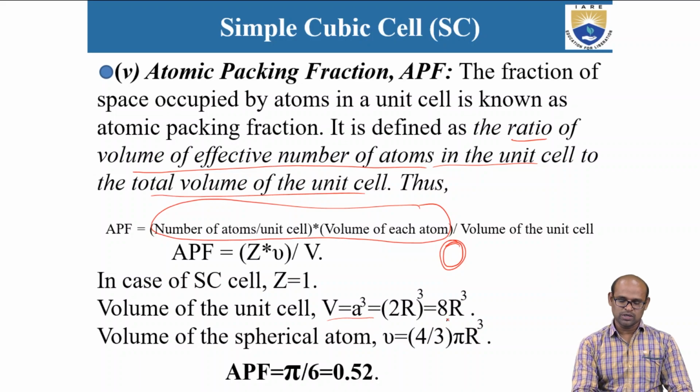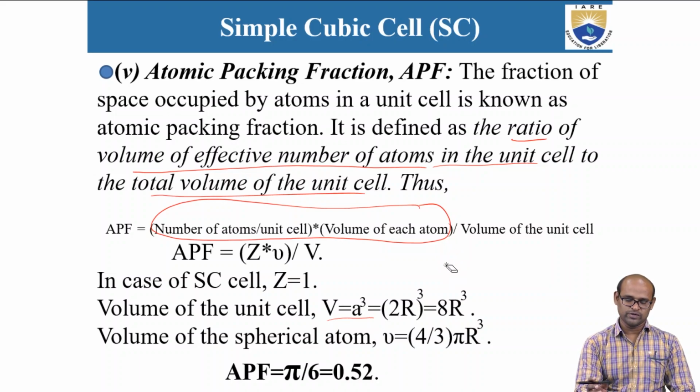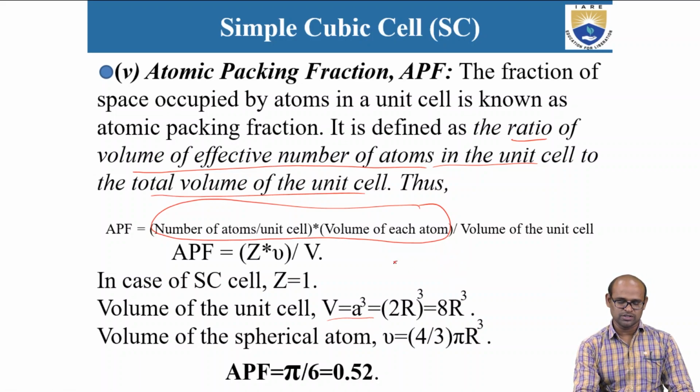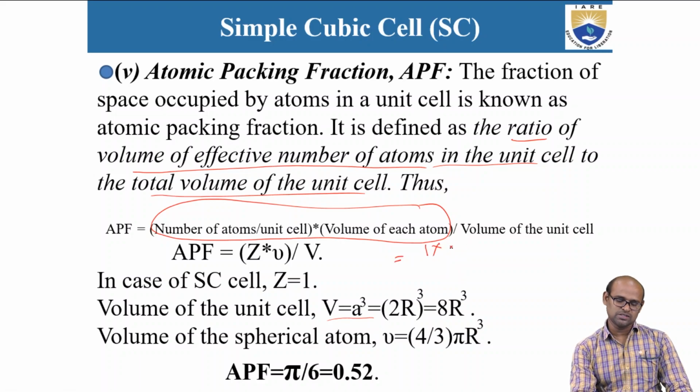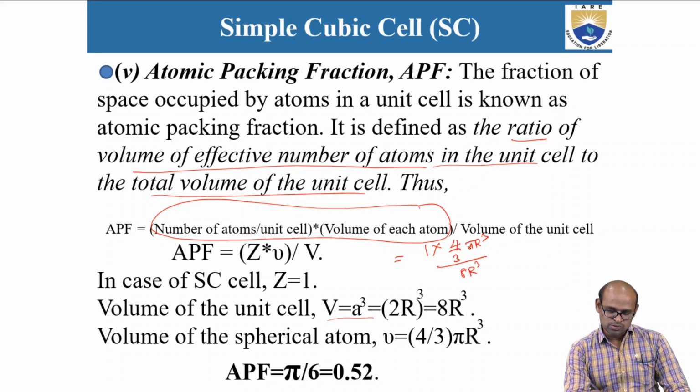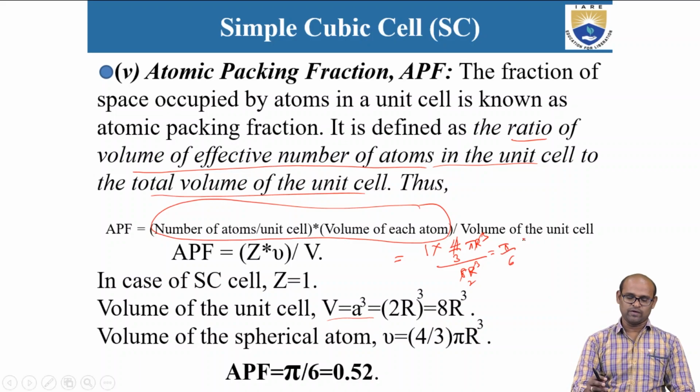Substituting all this, atomic packing fraction is equal to Z, which is 1, into the volume of each atom, 4 by 3 pi r cube, divided by 8 r cube. The 4 cancels with the 8 leaving 2, and r cube cancels. So what you have is pi by 6, that is 0.52.